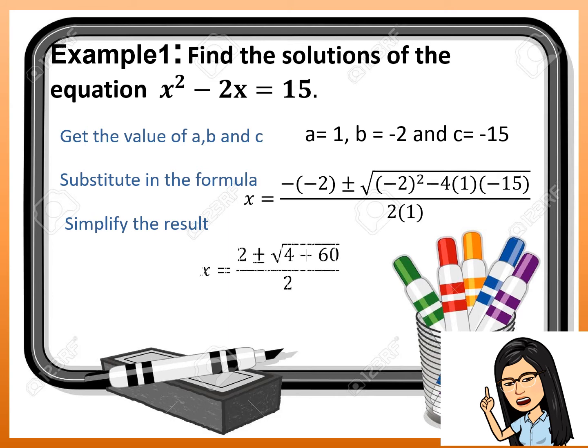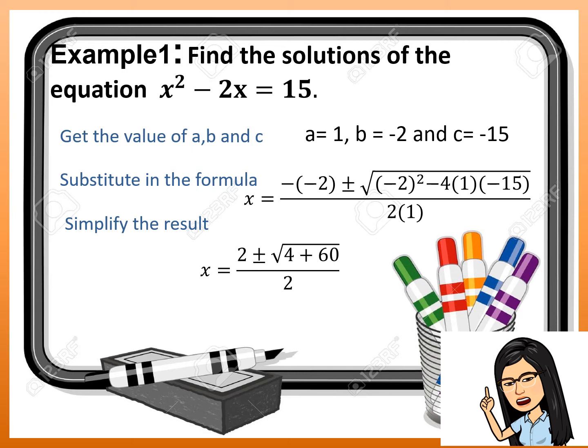So x is equal to negative of negative 2, which is positive 2, plus or minus the square root of the square of negative 2, which is 4. Then, negative 4 times 1 equals negative 4 times negative 15 equals positive 60.